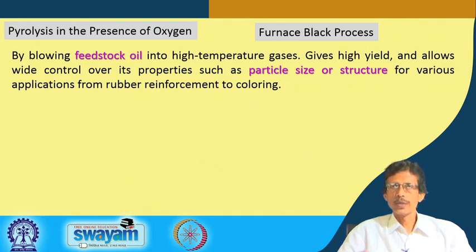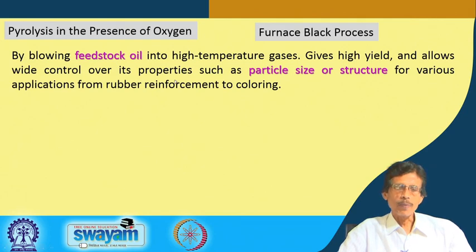So, if we want to get a particle size of 50 nanometer or 60 nanometer by this particular process, once the process is standardized, because standardization of that procedure is important to get a particle size repeatedly. So, reproducibility: when that particular procedure is standardized, even by closing your eyes you go for that process, you will be able to get the same product, same particle size and the same structure.